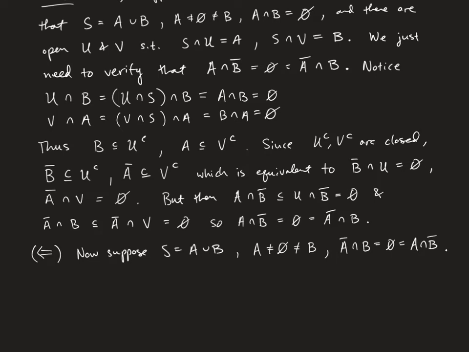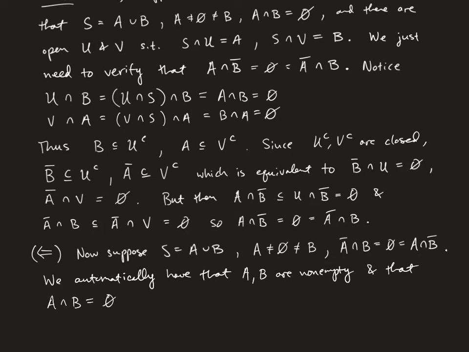So we automatically have that A and B are non-empty, and that A intersect B equals the empty set, since A intersect B is a subset of either one of these two things here, which is the empty set.